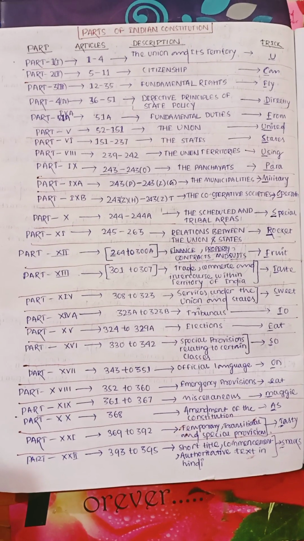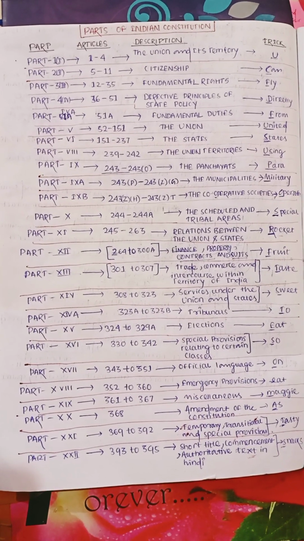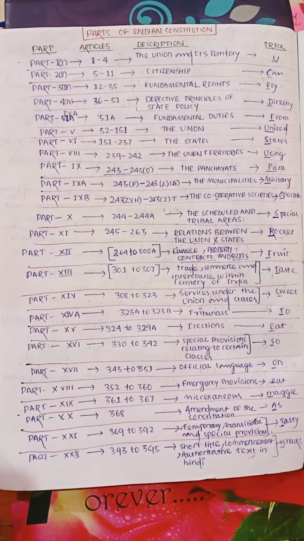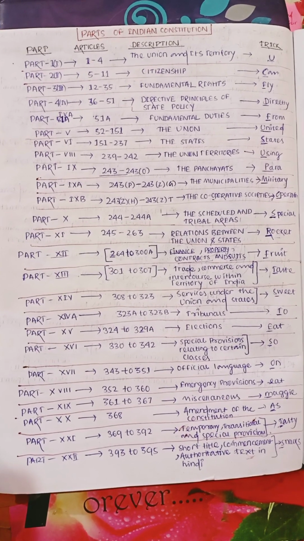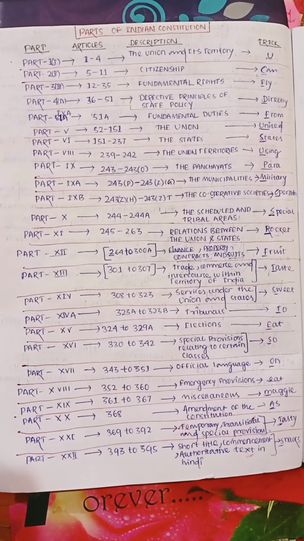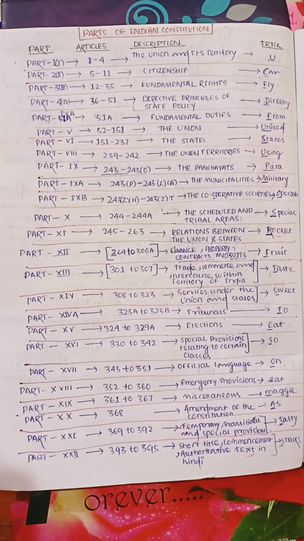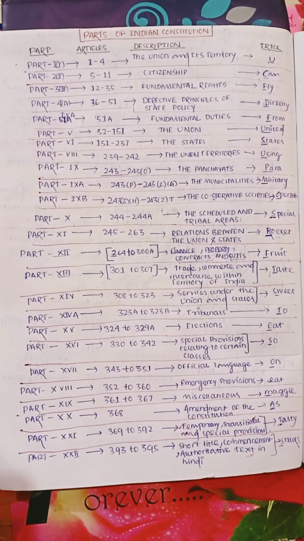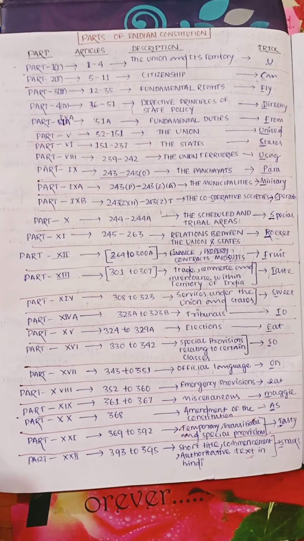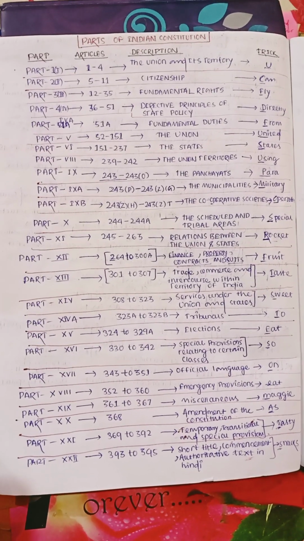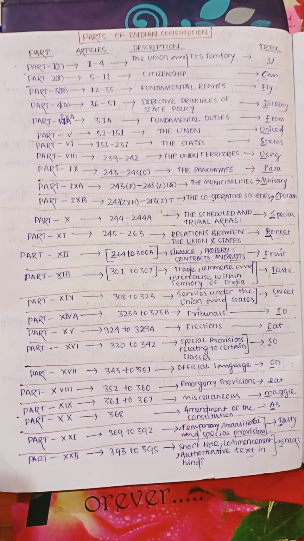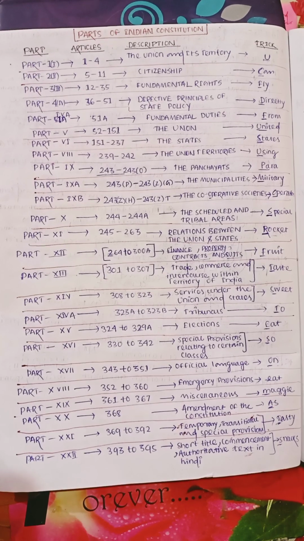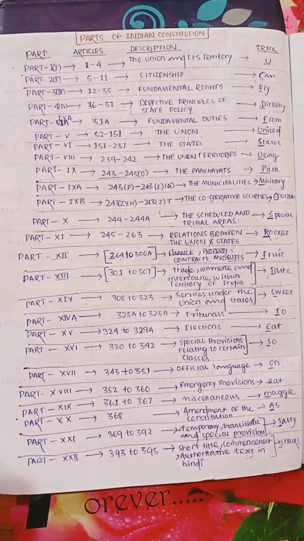So in part 19, the articles are 361 to 367, miscellaneous. In part 20, only one article, that is 368, is given, which states about amendment of the constitution. In part 21, the articles from 369 to 392, it states about temporary, transitional and special provisions.